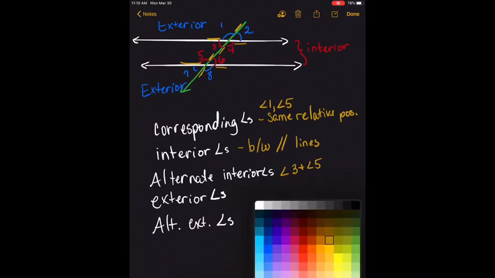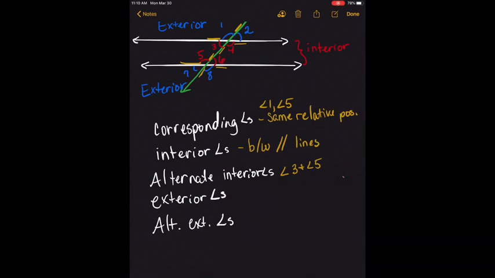So let's look at those. The way I've numbered them, I numbered them differently than I did in my own notes, so it's actually not 3 and 5.